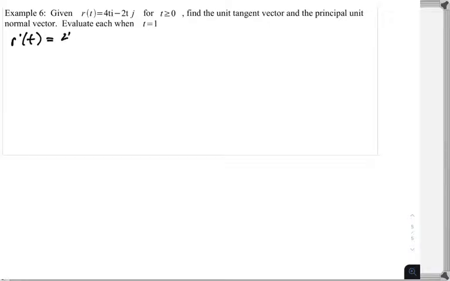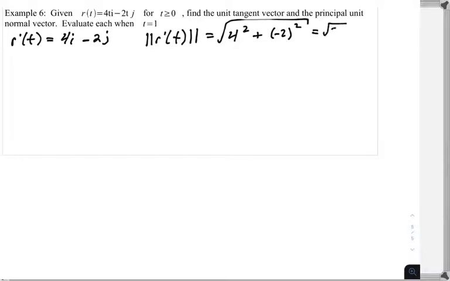So we'll find the tangent vector, which would be 4i minus 2j, and then we'll find the magnitude of r prime of t, which will also be the speed. So this will be the square root of 4 squared plus negative 2 squared. It's going to be the square root of 20, which is 4 times 5. The square root of 4 is 2, and the square root of 5 will stay the square root of 5.